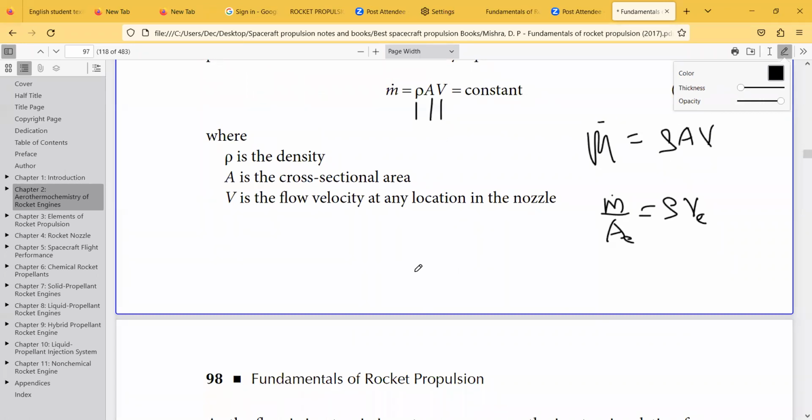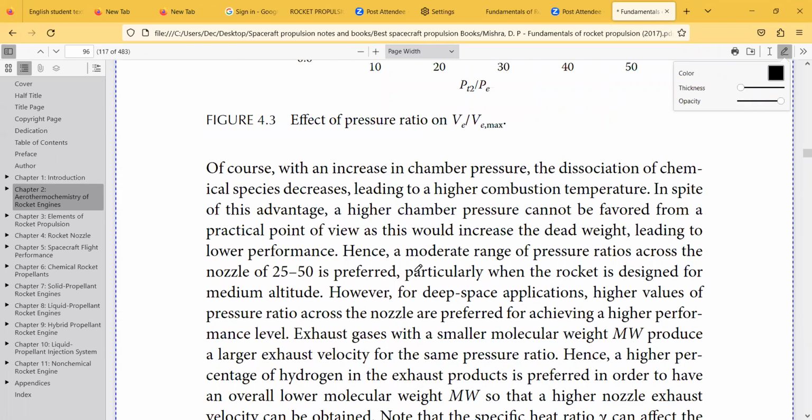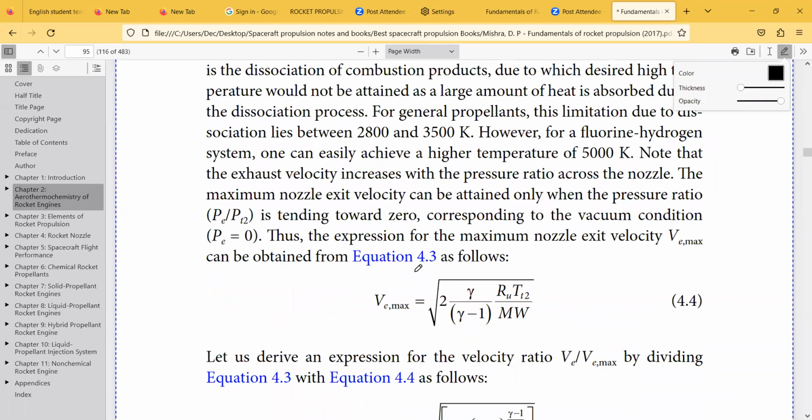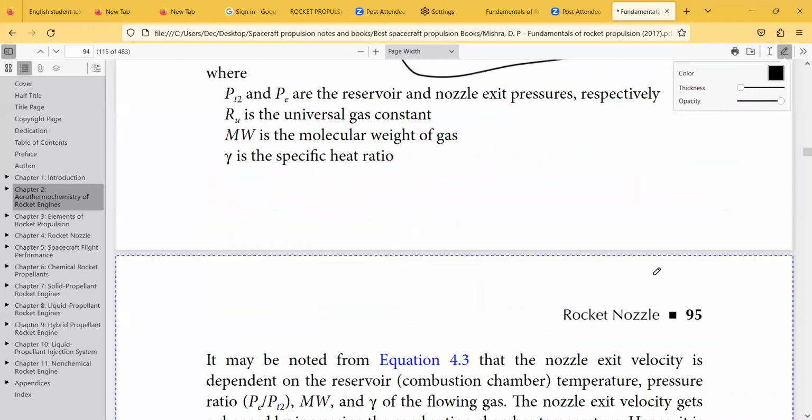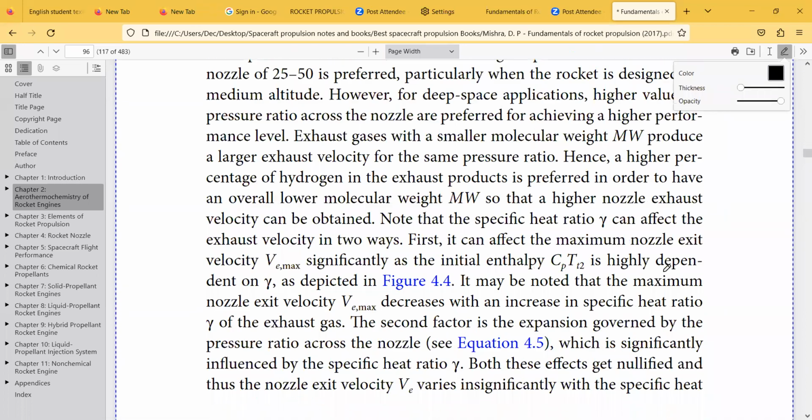The exit velocity formula is this one: 2 times gamma over gamma minus 1, R U T2 over MW, times this T. So let's substitute these equations together.